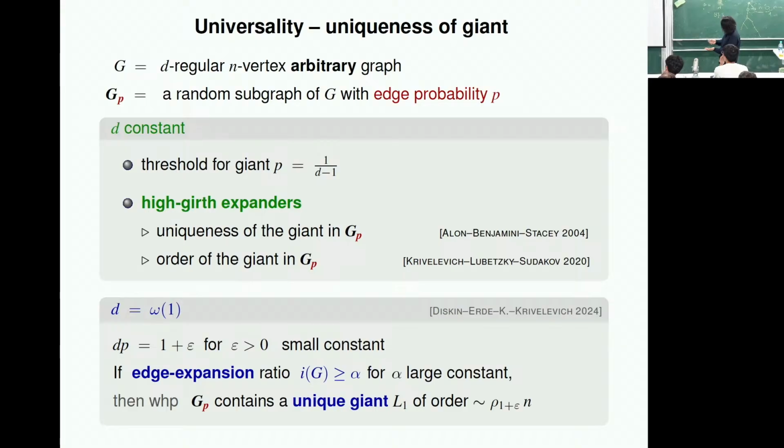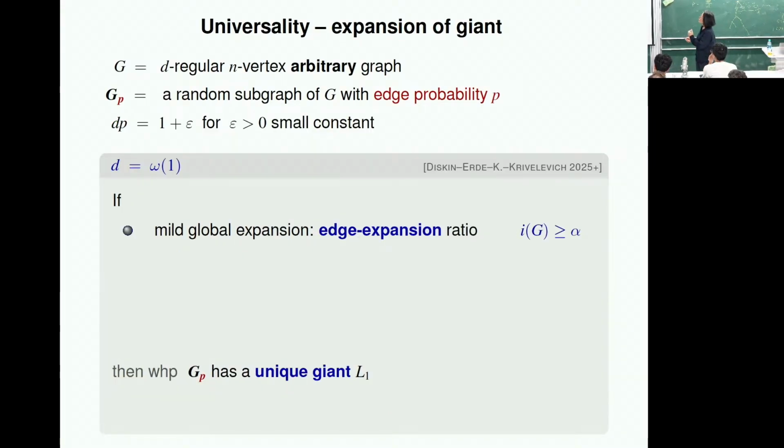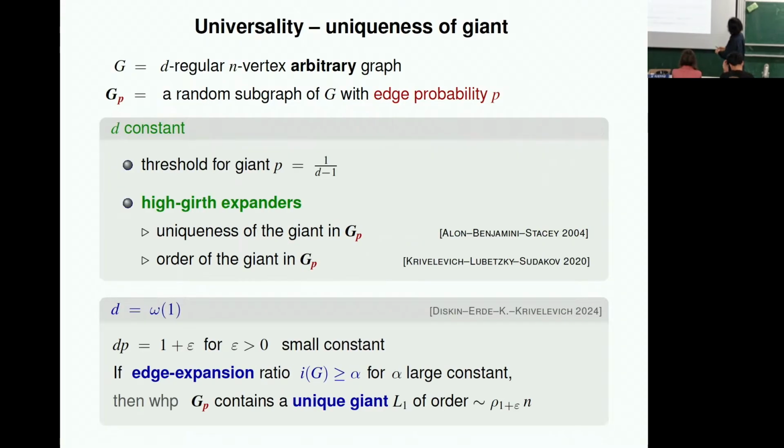Having said that, we want to talk even further. Because this is about just a unique giant component. But to be able to talk about other internal structure of the giant, if I want to talk about circumference, if I want to talk about diameter, what was essential?